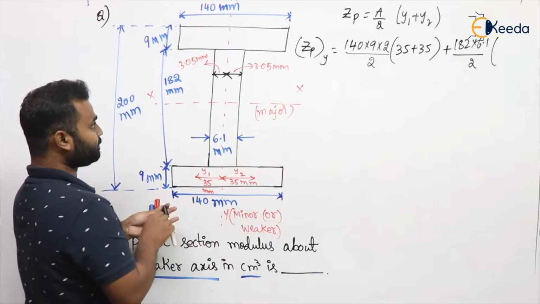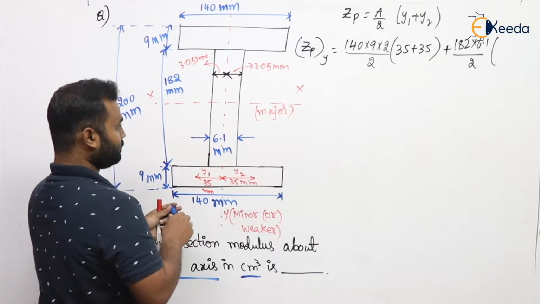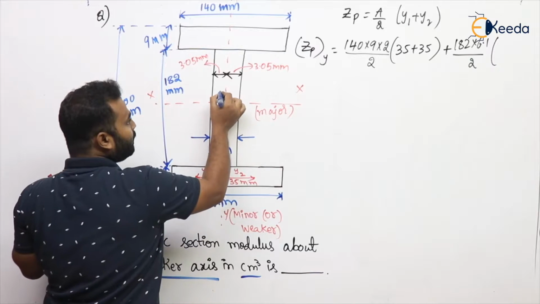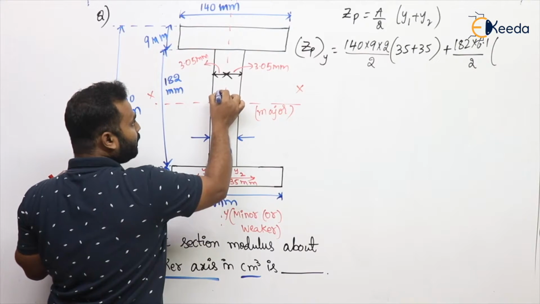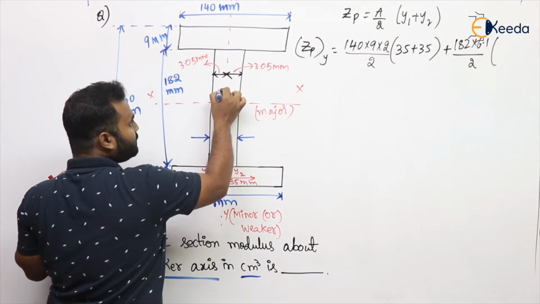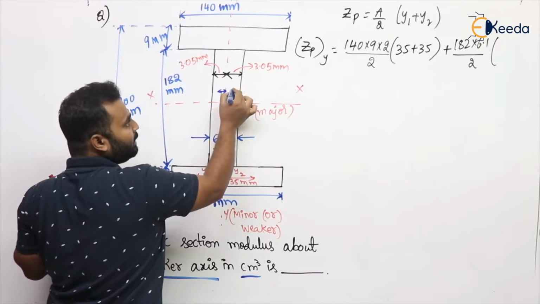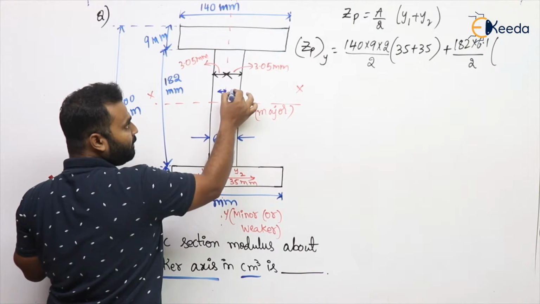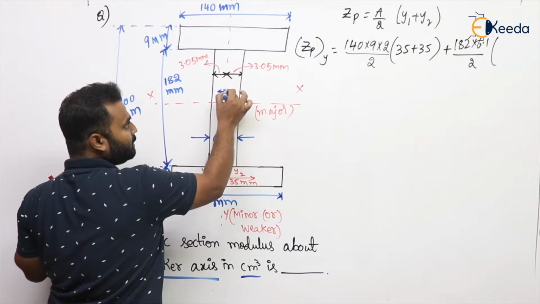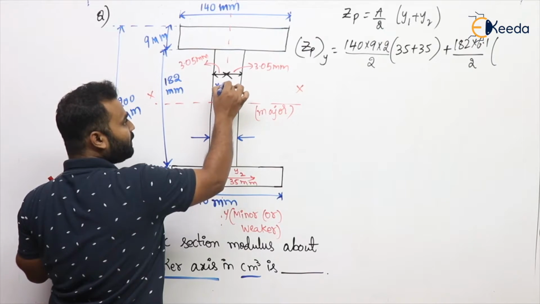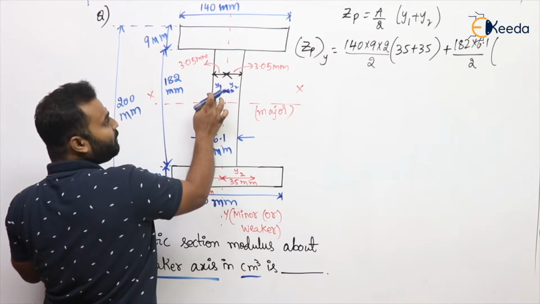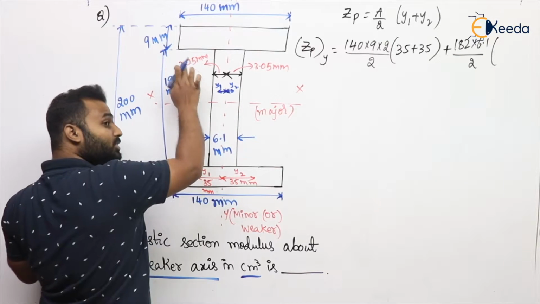So here where the CG of this area lies from this plastic neutral axis, and here where again the CG of this area lies, this is considered as y1 and this is considered as y2. So y1 and y2 are half of this 3.05.